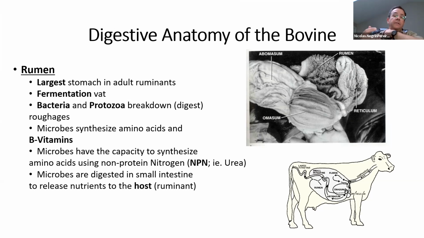They will be digested in the small intestine, and they will release their protein and their carbohydrates. And one concept, I don't know if we talked about this, but normally microbial protein is of very high biological value. It's highly digestible, it has a lot of essential amino acids, and it's of good quality.